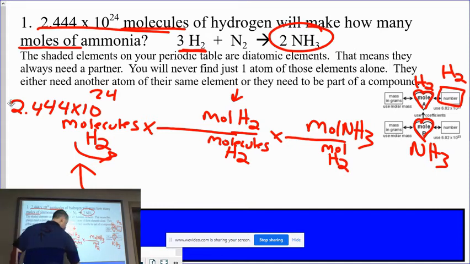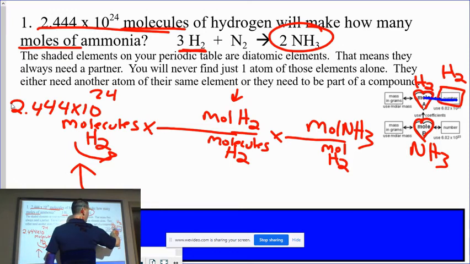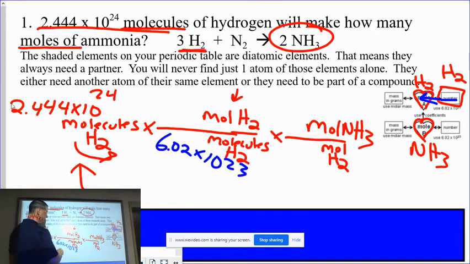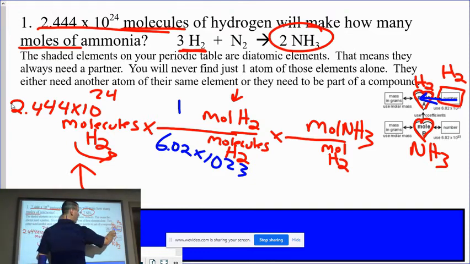Putting in my numbers. So when I go from molecule island over to mole island, 6.02 times 10 to the 23rd, which is the mole number, is involved. 6.02 times 10 to the 23rd goes with the molecules, and the 1 goes with the moles. When I am going from mole island to mole island, it says use the coefficients.